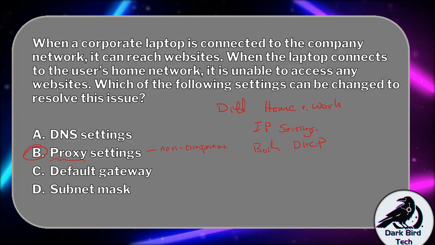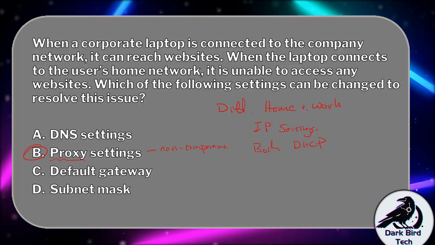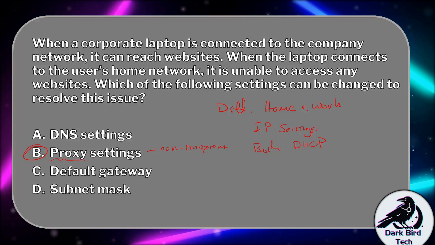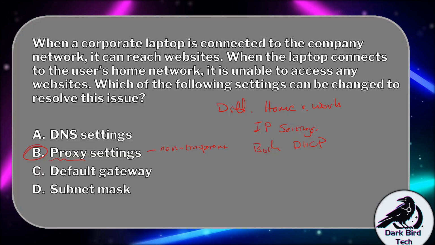Now the reason why this would cause this issue is if it's a non-transparent proxy, you have to statically or manually configure the proxy server's address information on the client device. Now, when that setting is applied, the client device will always forward its web requests to the proxy server.